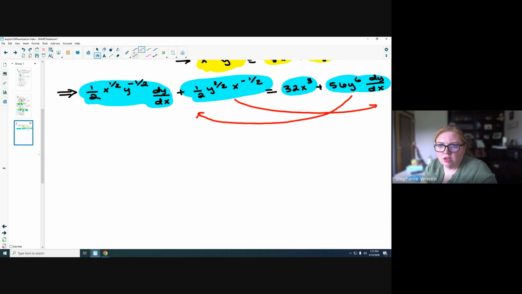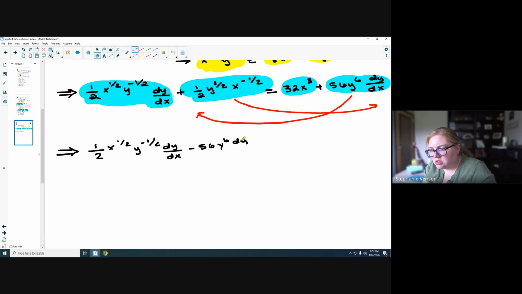Okay, so that gives us 1/2 x to the 1/2 y to the negative 1/2 dy dx minus 56y to the 6th dy dx equals 32x to the 3rd minus 1/2 y to the 1/2 x to the negative 1/2.